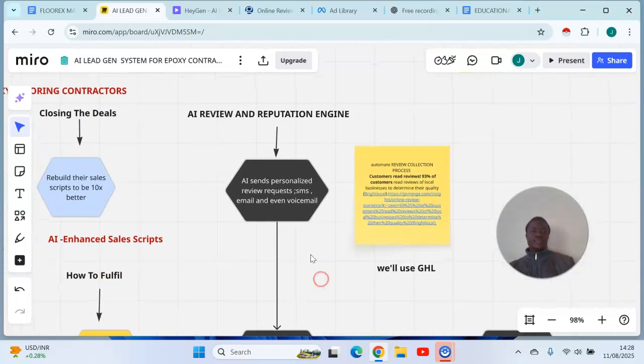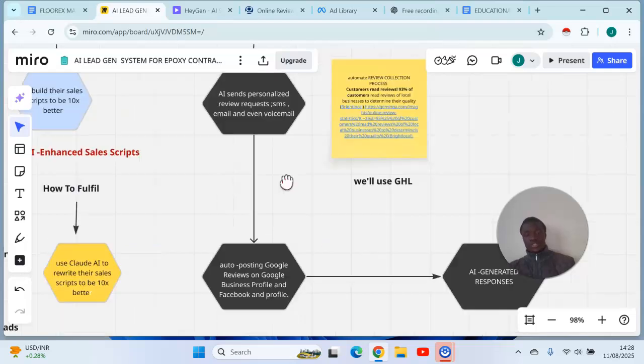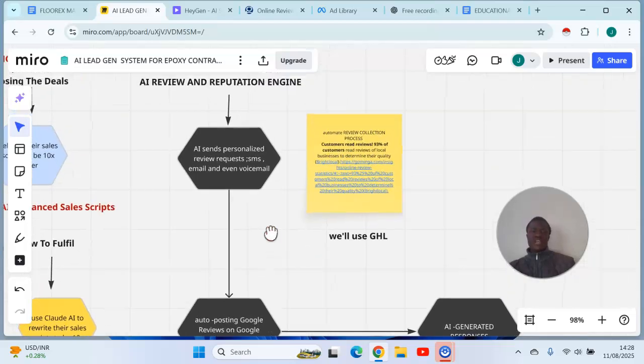Then finally, we'll have the AI review and reputation engine. Basically here, once the job is complete, we have an AI review system within our CRM, where once a job is completed, our AI system immediately sends a personalized SMS to the client for review requests.